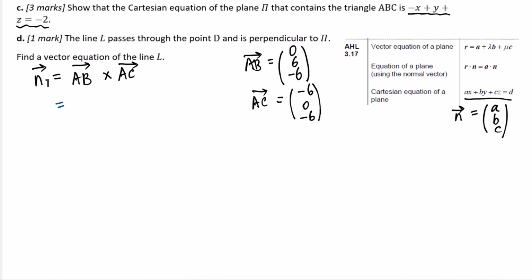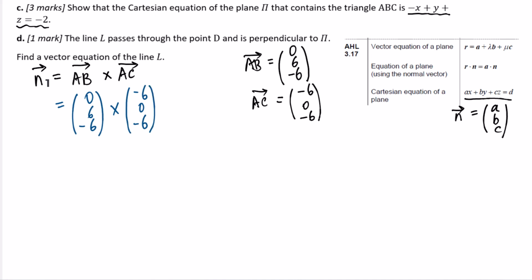So we have vector AB is (0, 6, -6), cross vector AC, (-6, 0, -6).